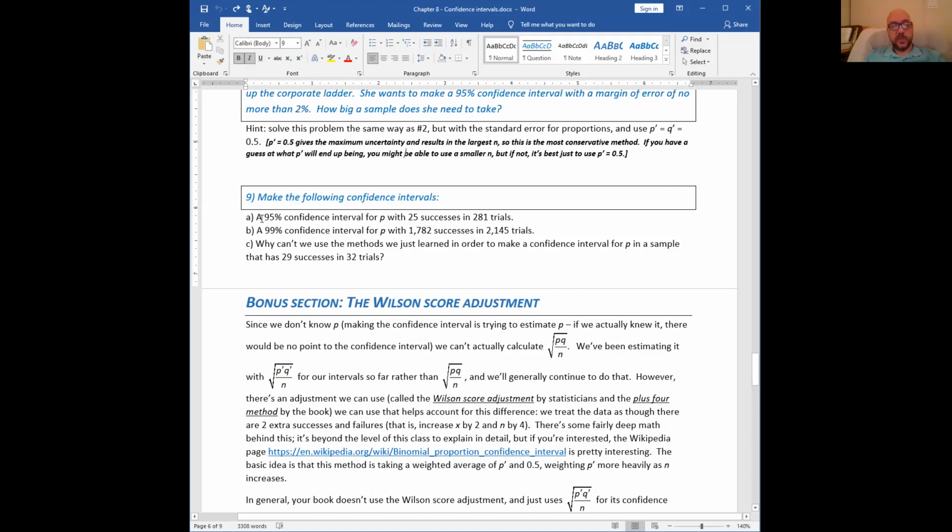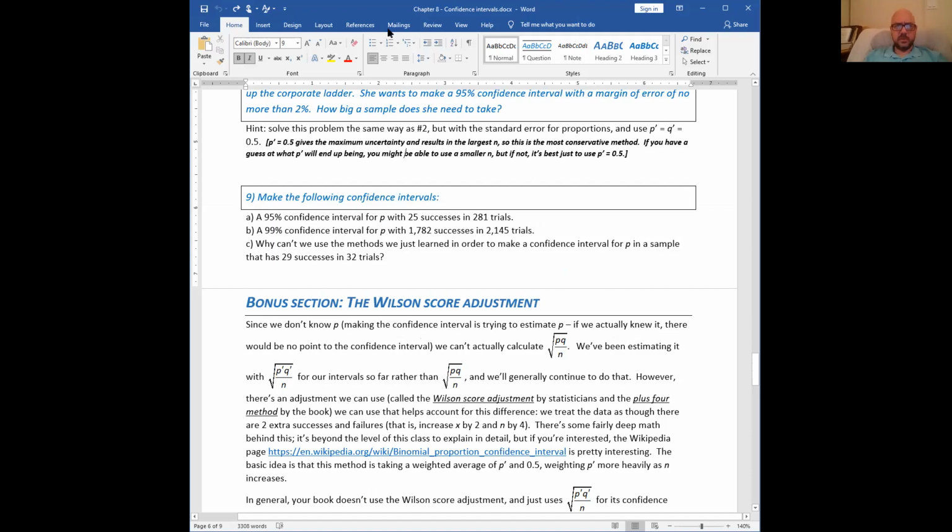So let's do these. 95% confidence interval with 25 successes out of 281 trials. Same thing for the next one. And then we'll talk about why we can't use what we just learned to do this. Okay, so 95% confidence interval with x equals 25, n equals 281.